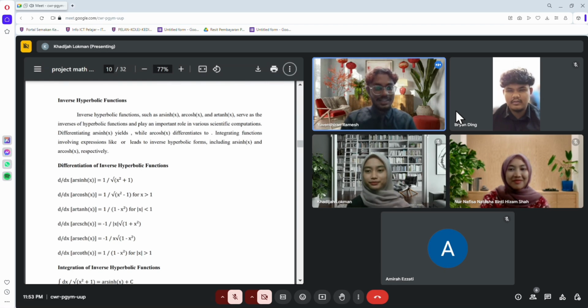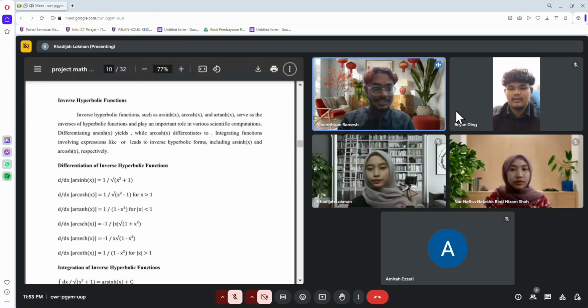Now let's look at inverse hyperbolic functions. Inverse hyperbolic functions such as arsinh x, arcosh x, and artanh x serve as the inverse of hyperbolic functions and play an important role in various scientific computations.